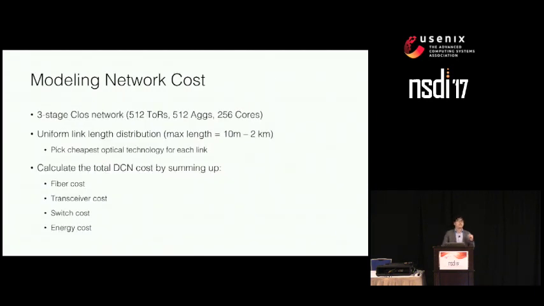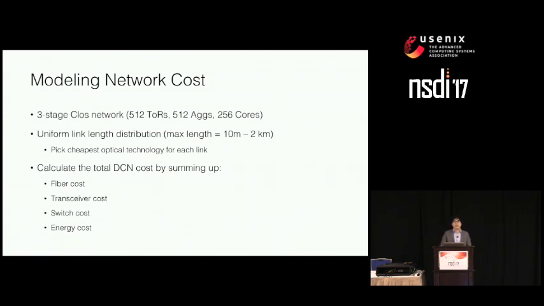So all of this will give us some reduction in the network cost. We model our network cost on a 3-stage Clos network with 512 top-of-rack switches. We use a uniform link length distribution, and we parameterize the max length from 10 meters to 2 kilometers in order to cover data centers of various sizes. For each link in this simulated topology, we pick the cheapest technology that can cover that reach.